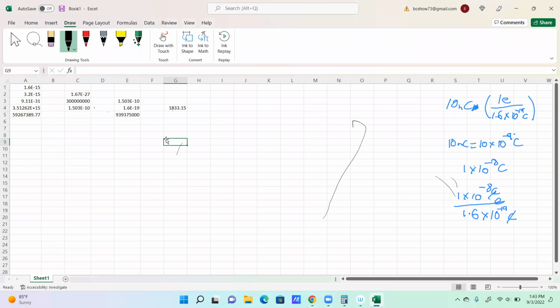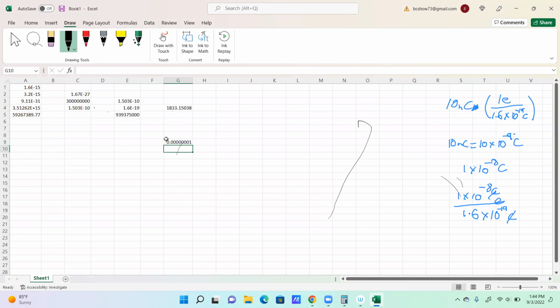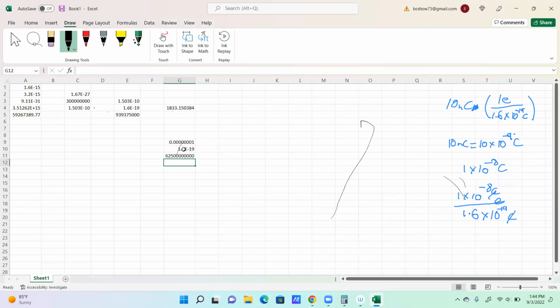On top I have 1 times 10 raised to the minus 8th, and on the bottom 1.6 times 10 raised to the minus 19th, which is not the same as 29, equals this divided by that. So I end up with 625.